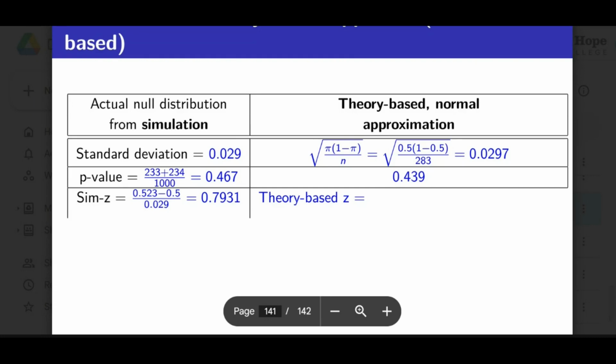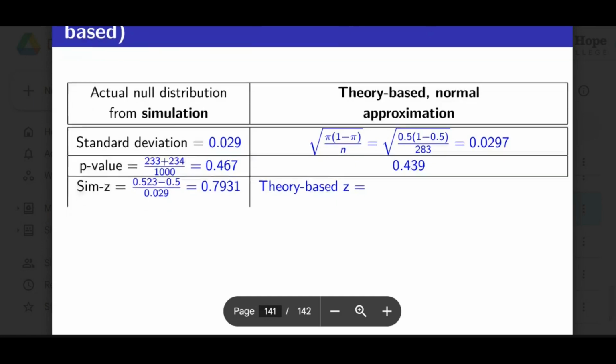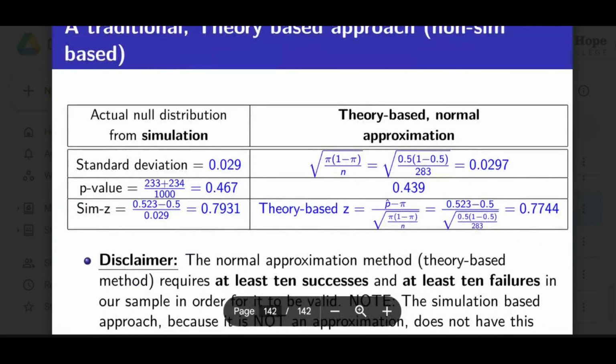How do you calculate theory Z? And this will help you in your homework. That's why I made the homework due on Thursday. Right? Because theory-based Z would be this. P hat minus pi over the square root. Okay, so do you notice that they share the same numerator? Sim Z and theory Z have the same numerator. Red minus blue. And actually, the denominator is green. It's just, where does that green number come from? In simulation, the green number comes from the computer, from the screenshot.